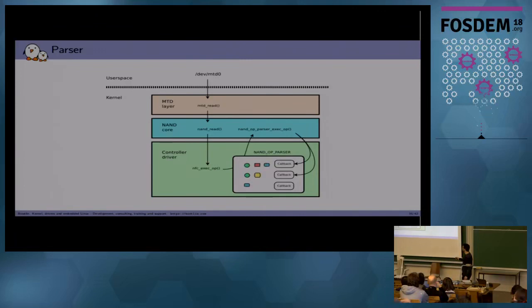Each supported pattern has a callback, and the parser will go through the patterns, and whenever it finds one that fits the needs of the desired operation, it will call the callback with just the sub-operation that matches.